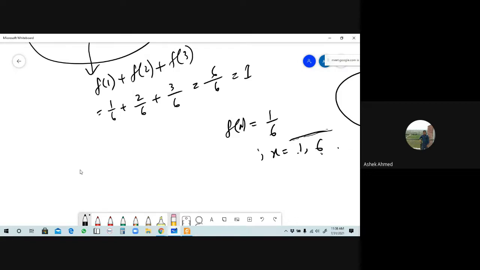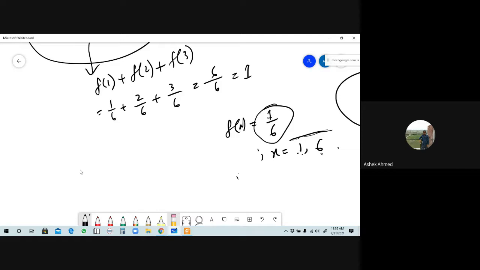From here tell me, if f of x equals 1 by 6, if you substitute any value of x here, can the probabilities change? Is there any change here? Sir, if the value of x changes, won't the probability change? Where do you see x? It is a constant function. The numerator is 1 and the denominator is 6, there is no x term here.